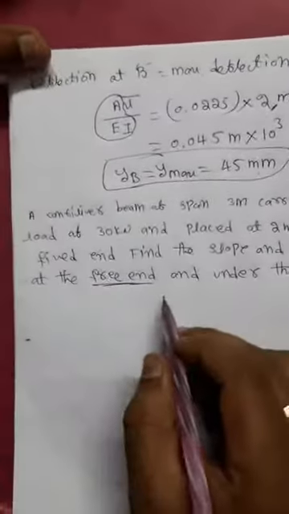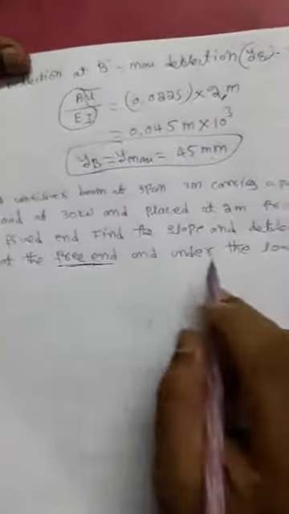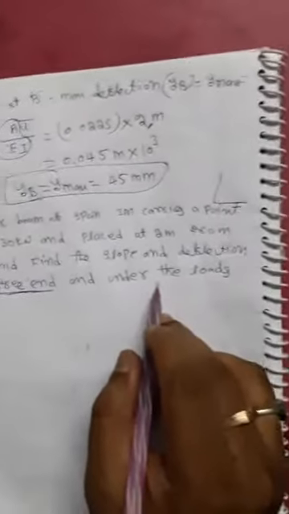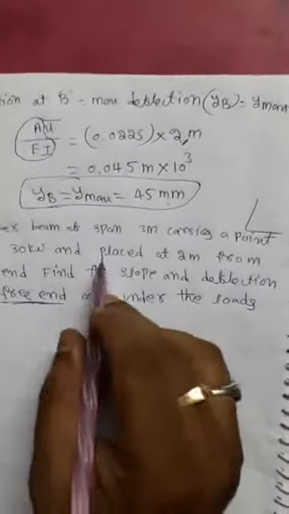So we are required to find the deflection and slope at the free end and under the load. Under the load is nothing but the center of the beam, because here the point load is at the center.